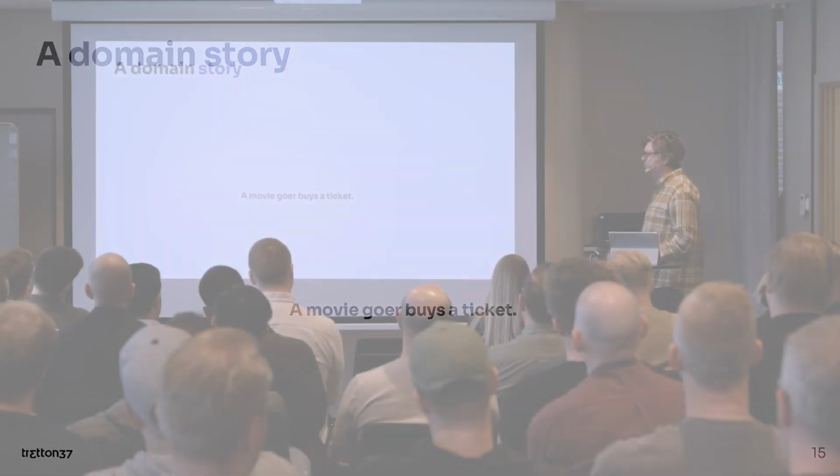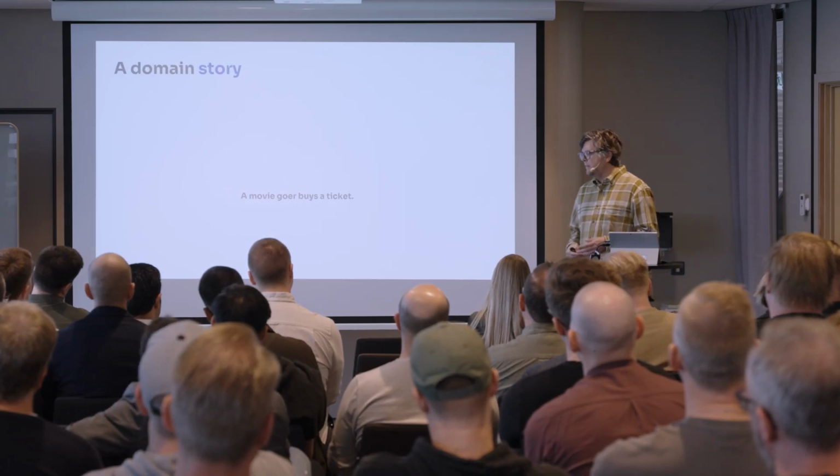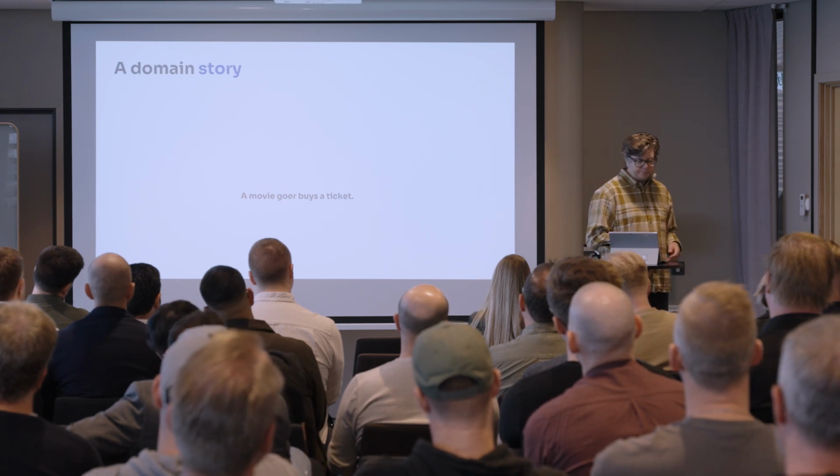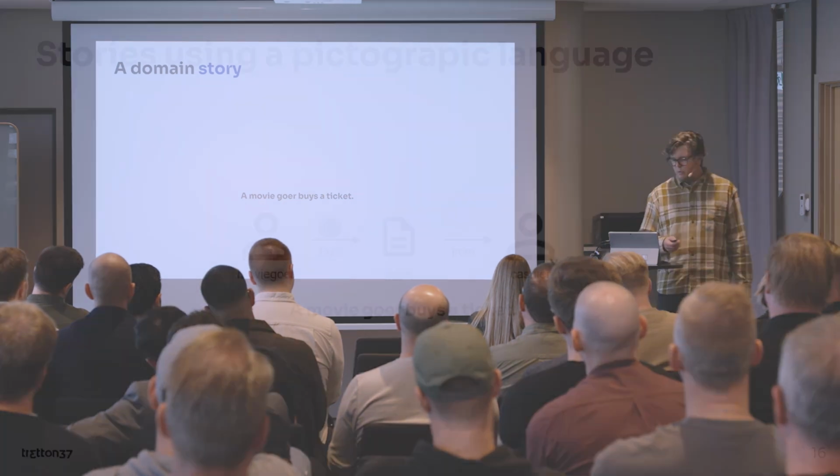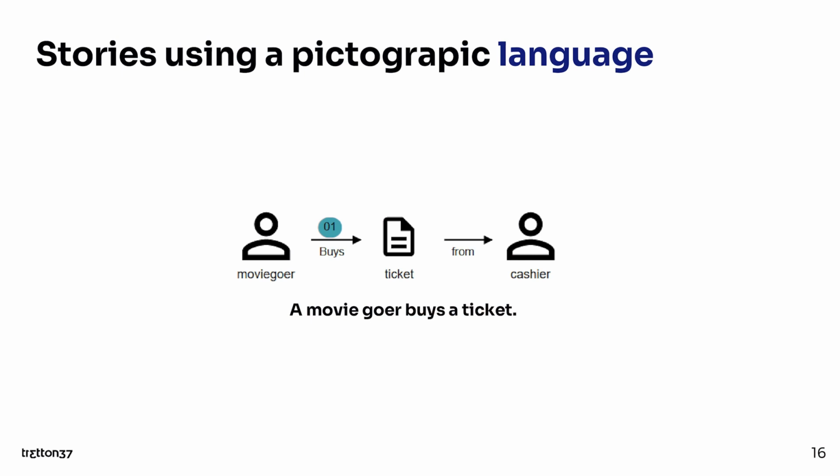A domain story could be as simple as this. We have a moviegoer that buys a ticket. This is a complete story, or complete sentence, but we are going to use a pictographic language to build upon the actors, the act they are doing, the work object they are interacting with, and another party to get to the full sentence.